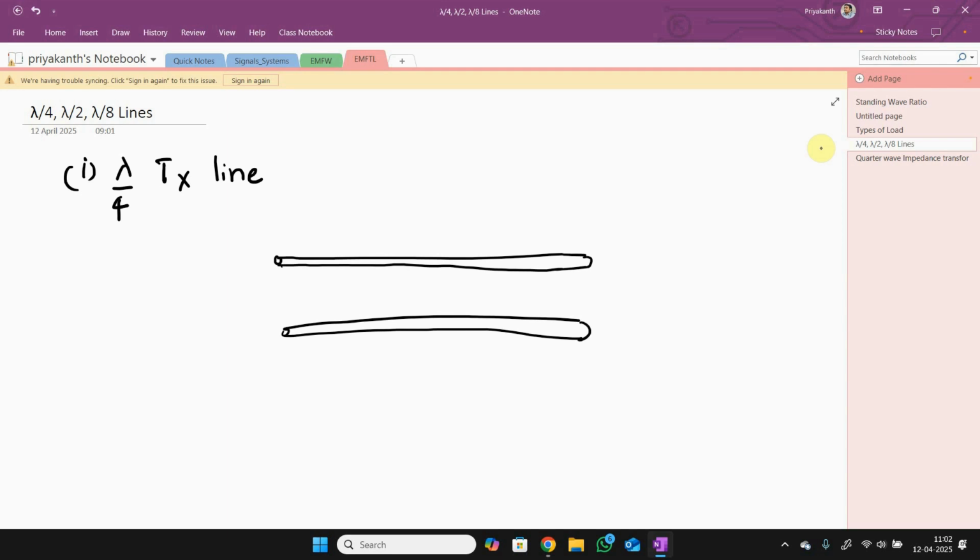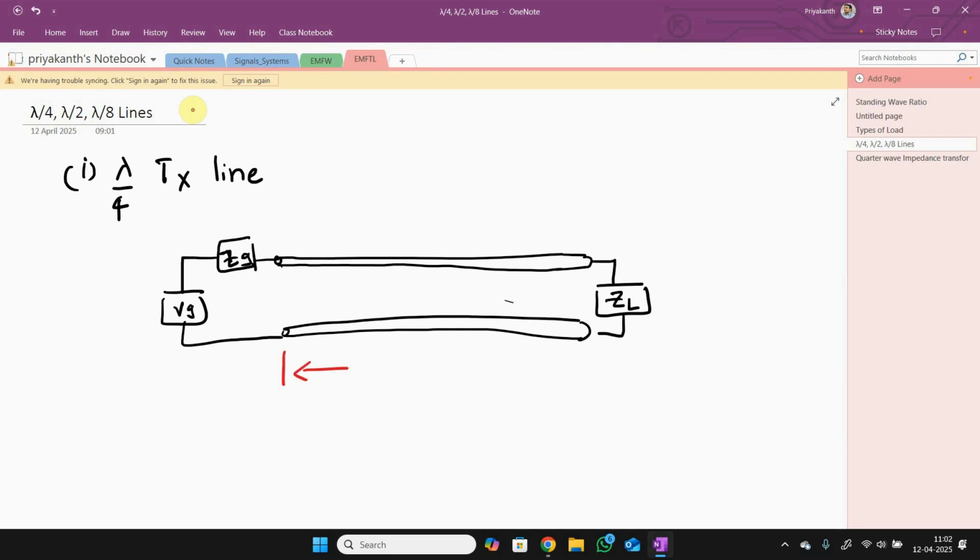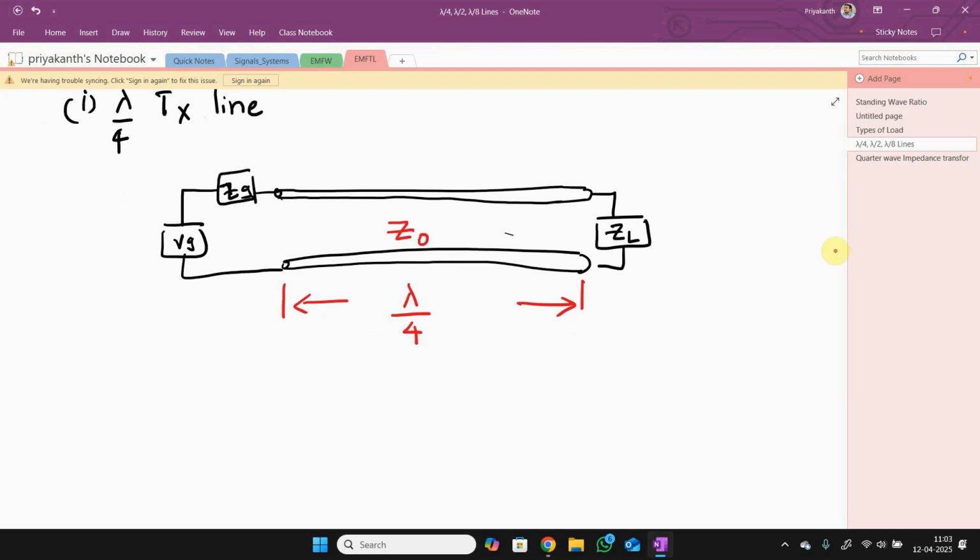At the input, please connect the source, and the other end connected to the load. The length of the transmission line is lambda by 4, and the characteristic impedance of the transmission line is Z0. Diagram clear?